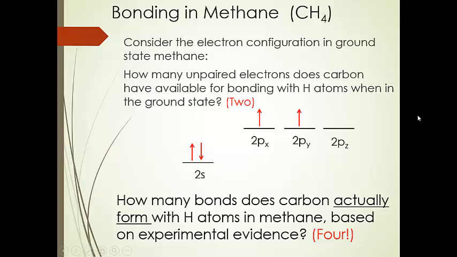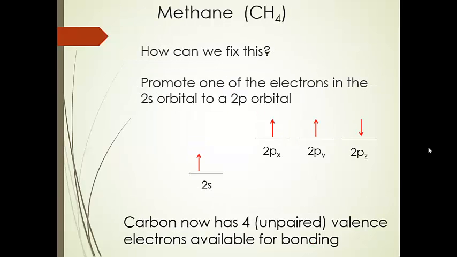Alright, so now, how many bonds would be able to form based on this electron configuration? Well, 2, right? Because 1, 2 unpaired electrons, but these 2 are paired, so they're not available for bonding with hydrogen atoms. But we know that carbon actually does form 4 bonds with hydrogen atoms in methane, based on the experimental evidence. So how can we fix this little scenario?